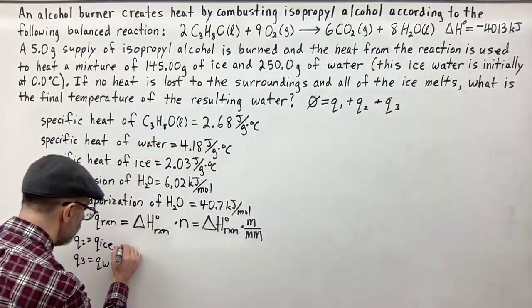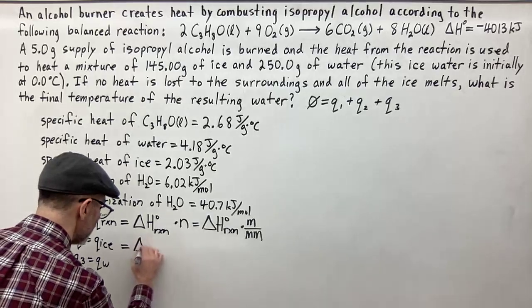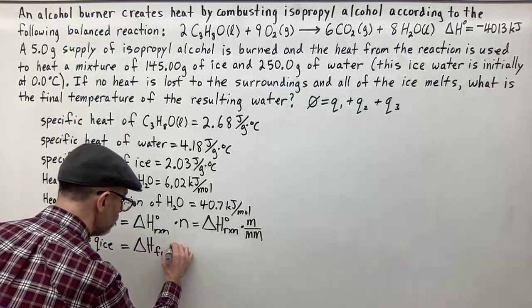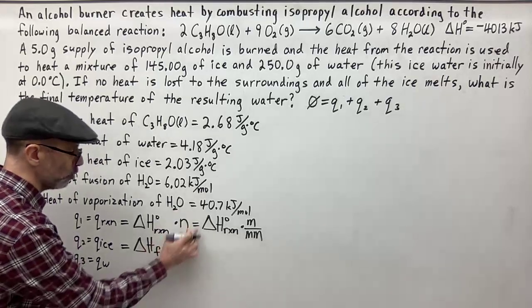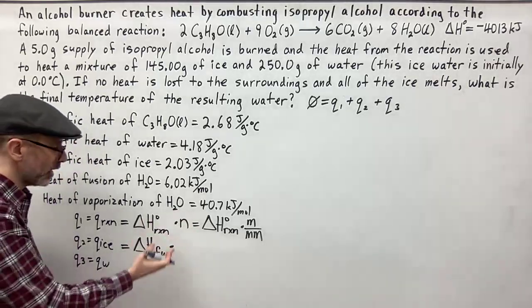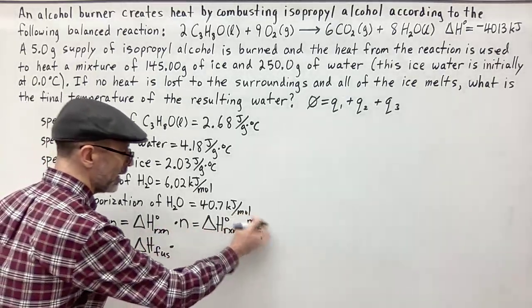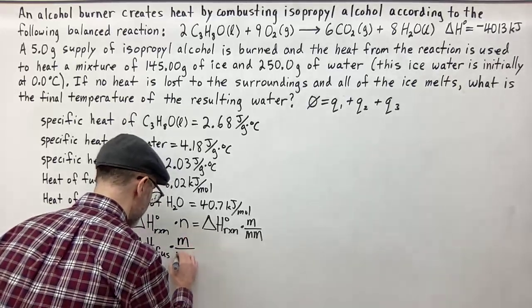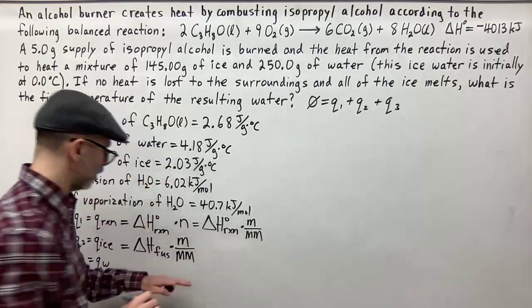So this is going to be equal to delta H of fusion multiplied by the moles of the ice. But again, instead of moles of ice, it's going to be the mass of the ice divided by the molar mass of the ice.